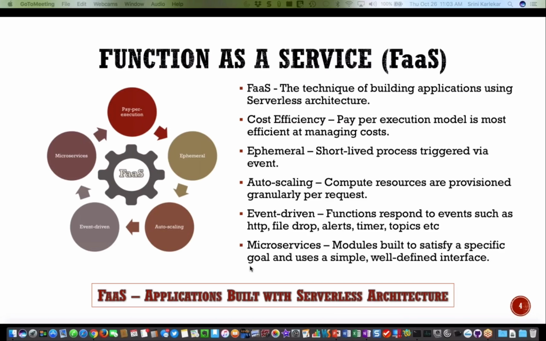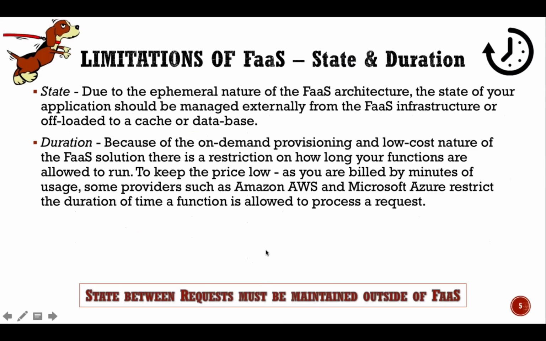But there are some shortcomings, or I would say something that you should be aware of when you're building application using serverless framework. One is state. You have to manage the state of the application yourself and store the state in a cache or external database.